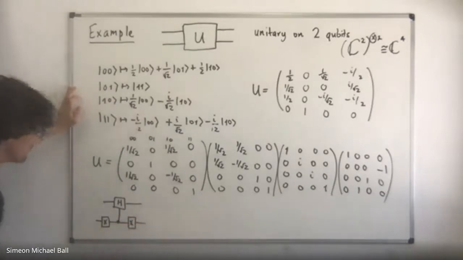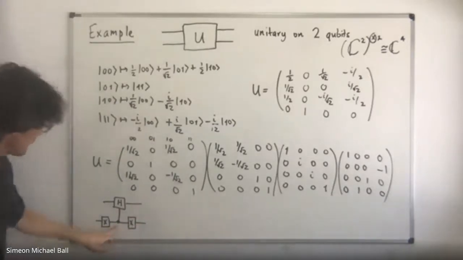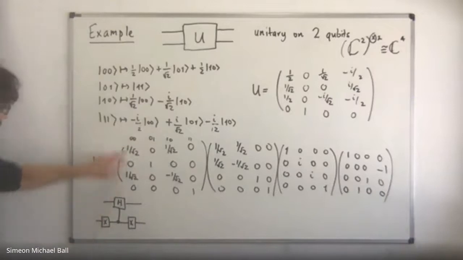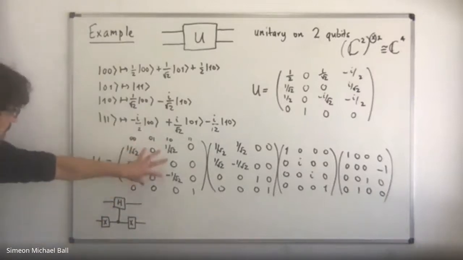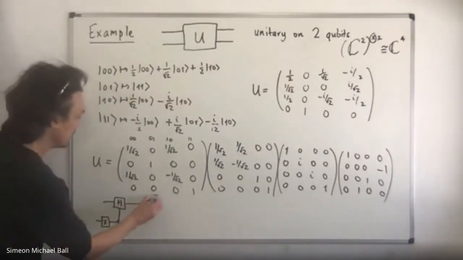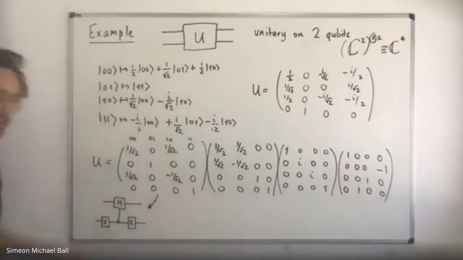And now that effectively means that we apply the Hadamard when this is not set, when it's a 0. So the 0 goes to a 1 here, then we apply Hadamard, and then we switch it back again. So this is given by this circuit here.